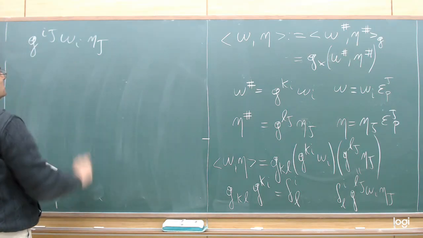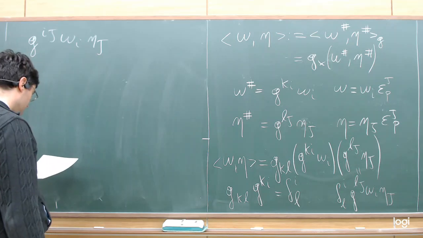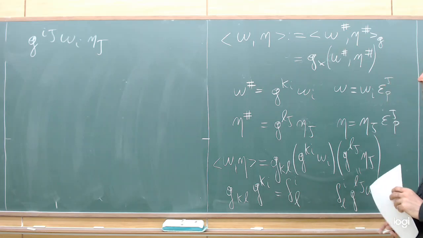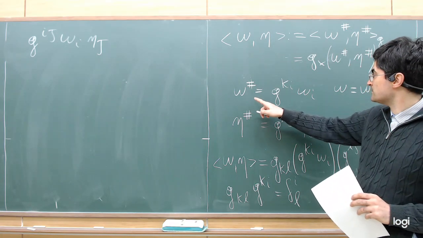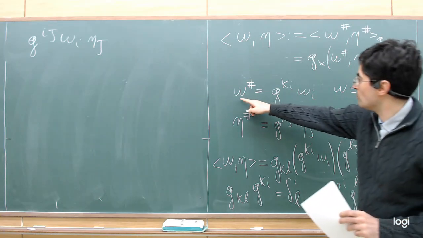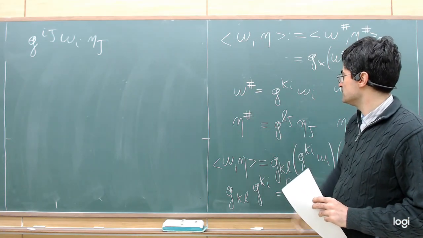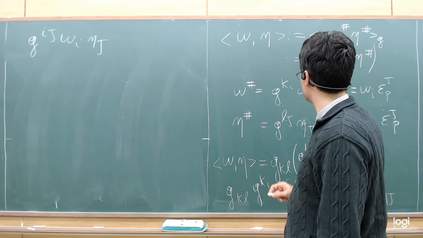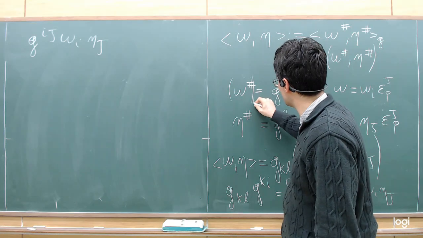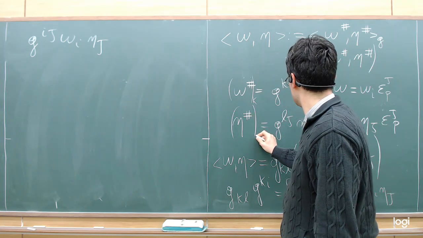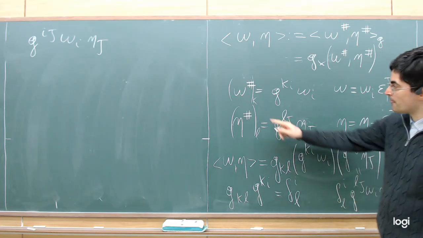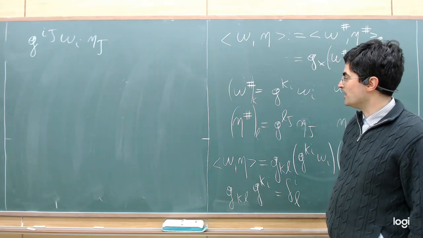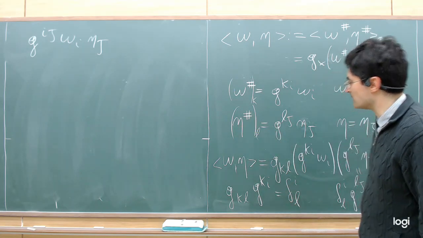This result can be written in two ways. Why? Look at the formula for omega sharp and eta sharp. Sorry, I made a typo. I should write here k and l. So these are the components of omega sharp and eta sharp respectively.